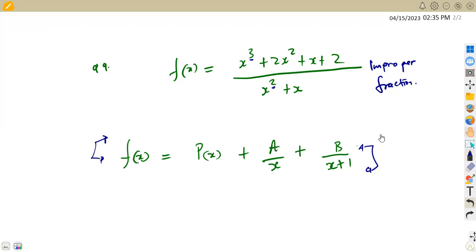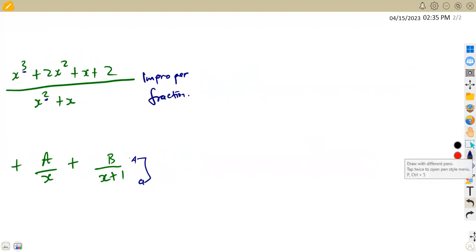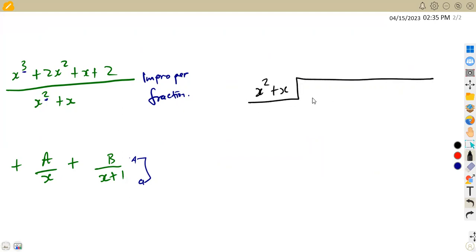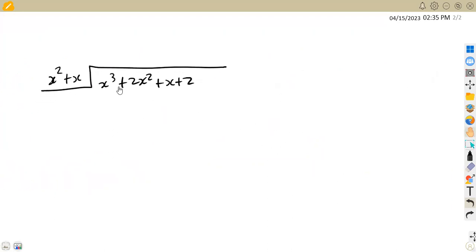So we are going to perform long division, where x squared plus x is going to be divided into x cubed plus 2x squared plus x plus 2, so that we can obtain a proper fraction.